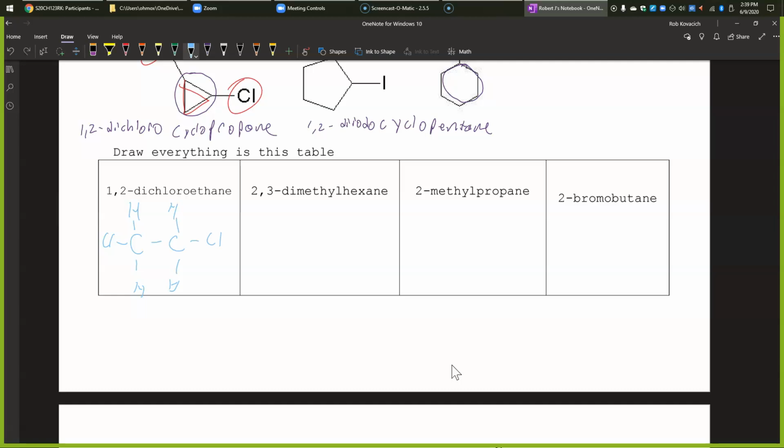Doesn't matter where the chlorines go as long as one of them's on number 1 and one of them's on number 2. Hexane, 2, 3, 4, 5, 6. And on carbon number 2 there's a methyl group, and on carbon number 3 there's a methyl group. So that's that one. Propane, 2, 3. And then on number 2 there's a methyl group. Butane, 2, 3, 4. And then on carbon number 2 there's a bromine. That's it. We good with that?